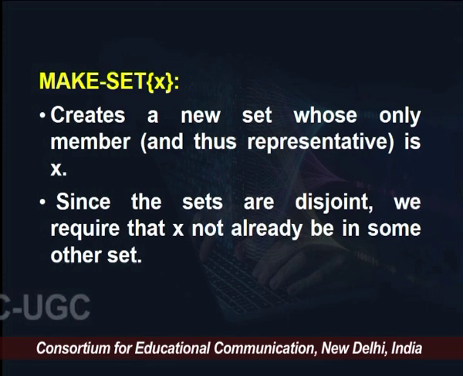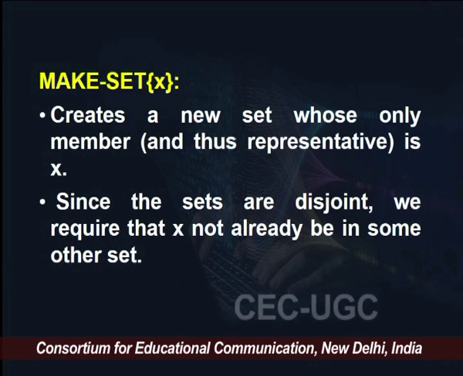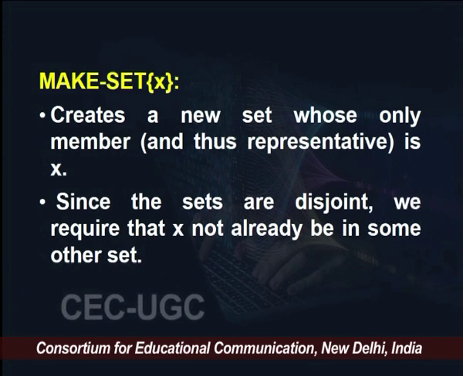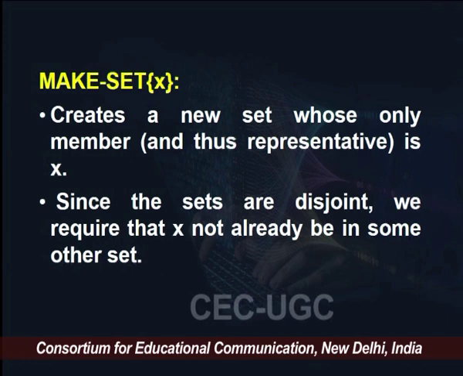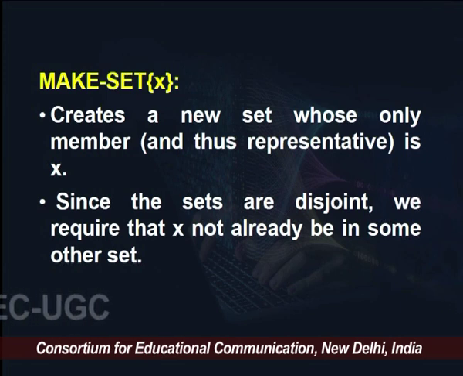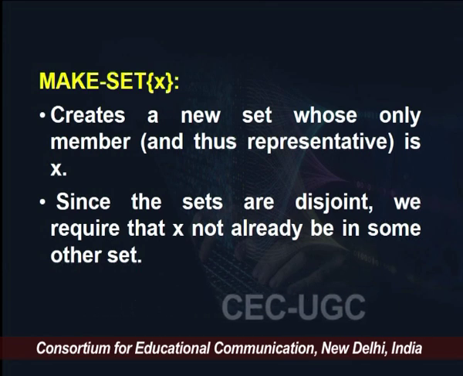And please remember that since the sets are disjoint, as we initially told you 2-3 times, we require that X not already be in some other set. So, when we are making a set X, it must be ensured that X is not already present in some other set, because we are talking about a disjoint set data structure.